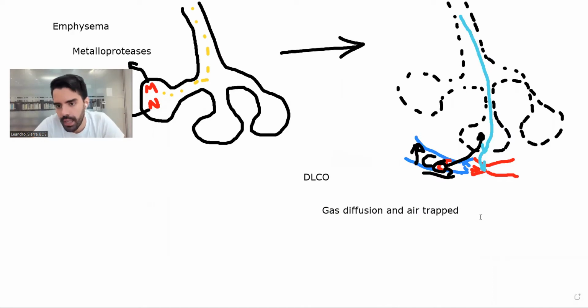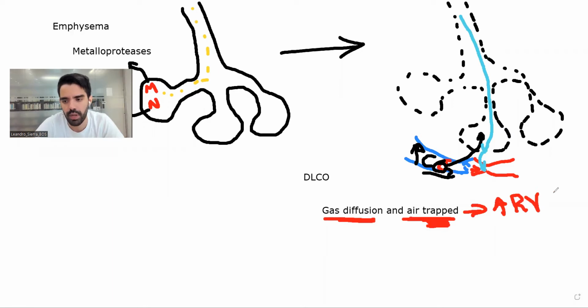If we cannot pass these gases, we will have a problem with the gas diffusion, what I just talked about. But also, there is a problem that will cause air trapping, causing an increase also in the residual volume, right?